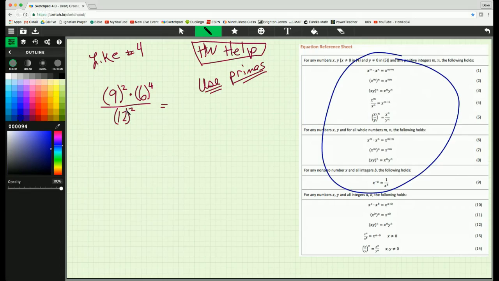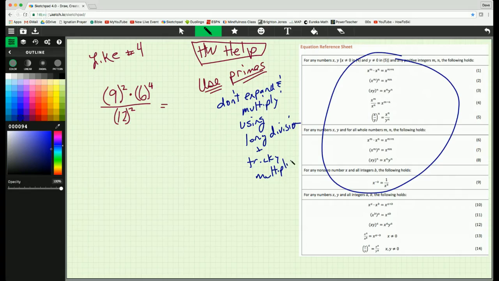And rather than multiply all these things out and then divide them, don't expand and multiply using long division and tricky multiplication. Watch, we can solve this. Don't do that.